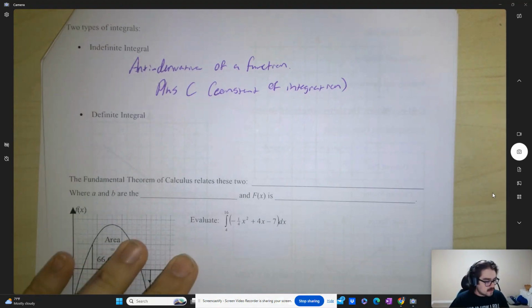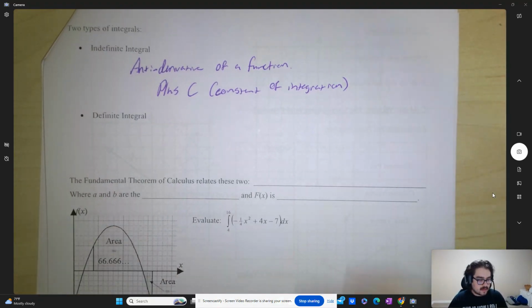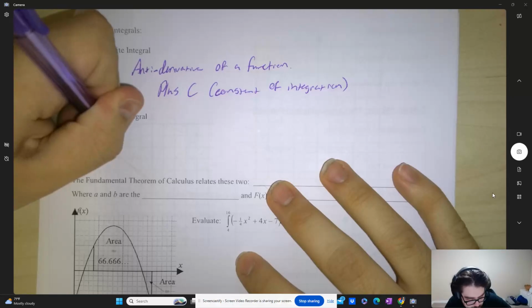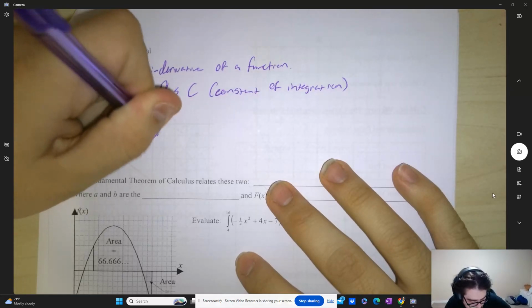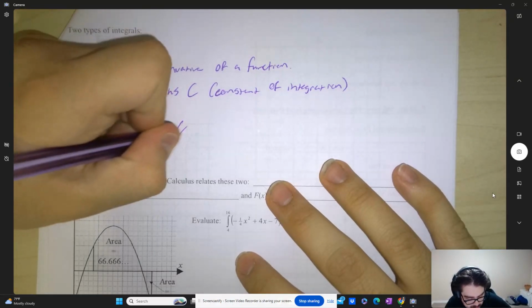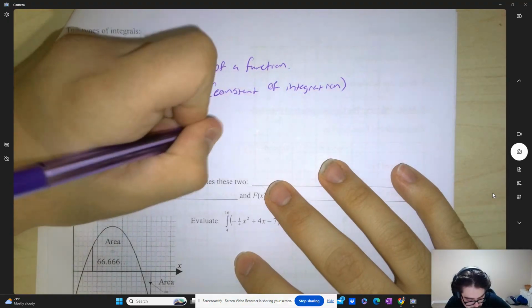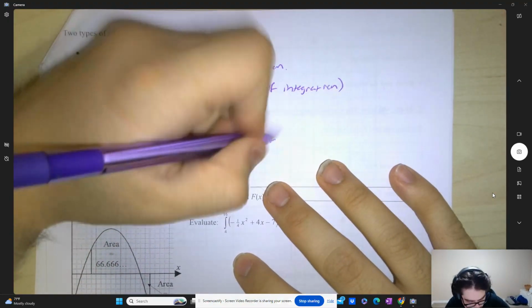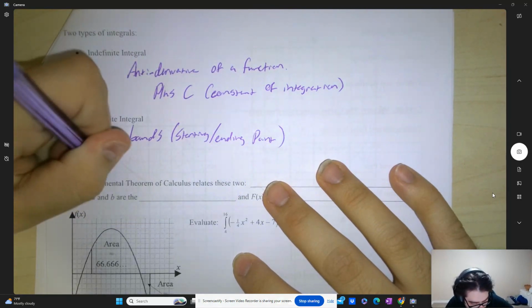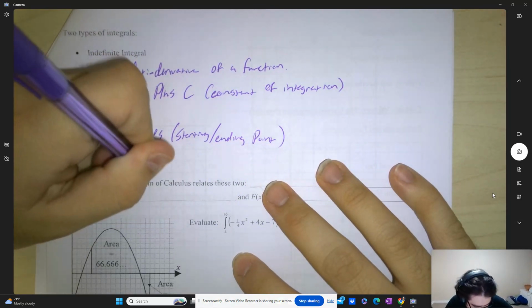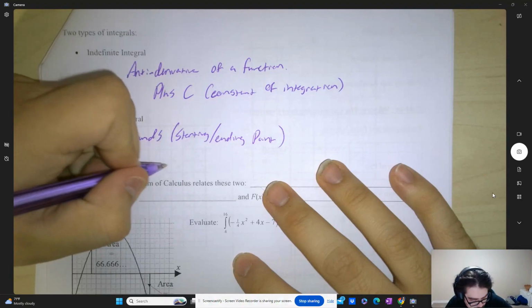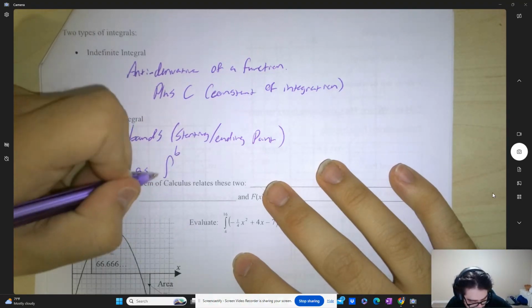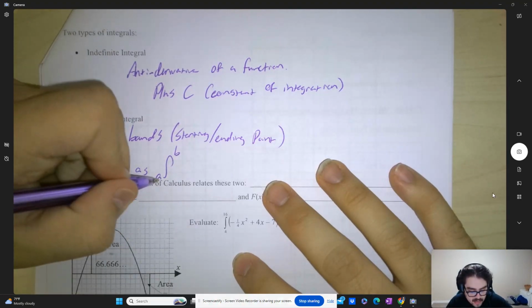Okay. Definite integrals have bounds, which is the starting and ending point. And it's notated as the integral from a to b. You'll see a on the bottom, b on the top.